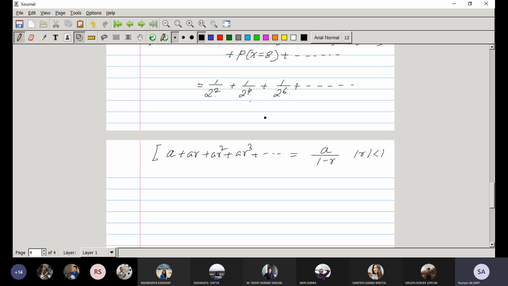So here what is a? A is the first term, 1 by 2 squared, divided by 1 minus r, that is 1 minus 1 by 2 squared. So what are we getting?